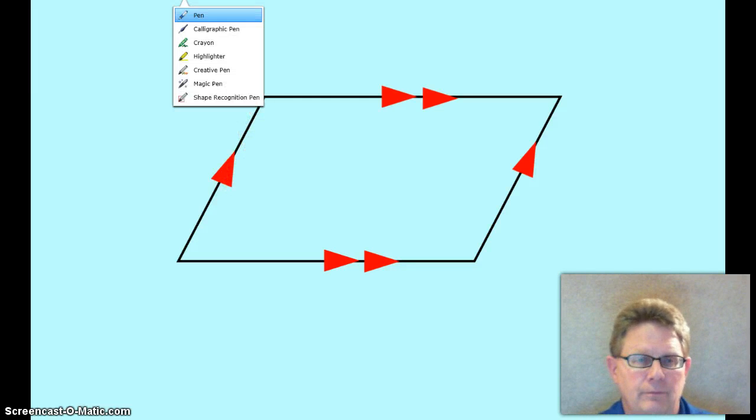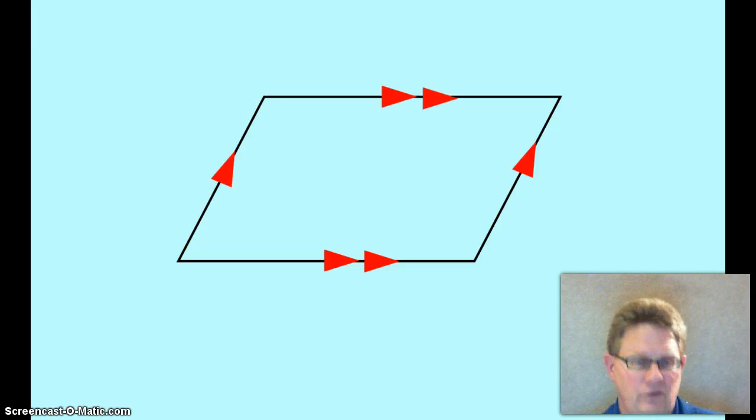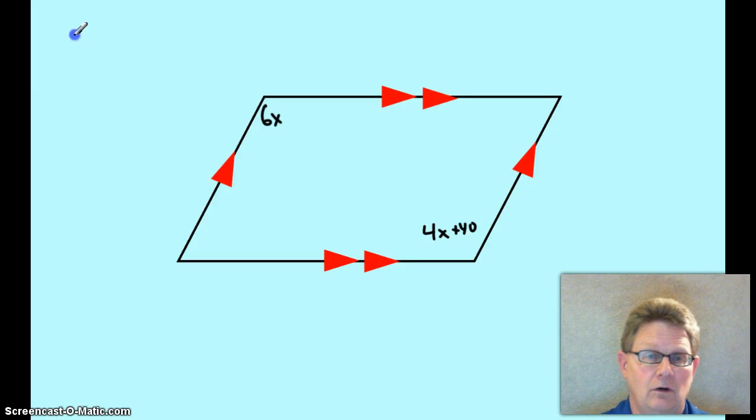Of course, in your homework, you're going to see problems more like this. You're going to see problems like this. It's going to be 6x here, and this is going to be something like 4x plus 40. And they're going to ask you to solve for x, and they might even ask you the measure of each angle. So opposite angles are congruent. 6x equals 4x plus 40.